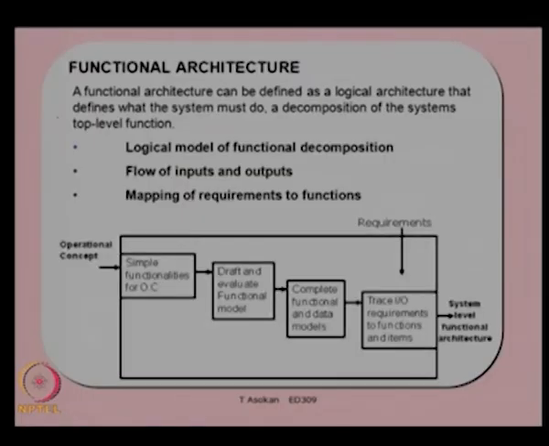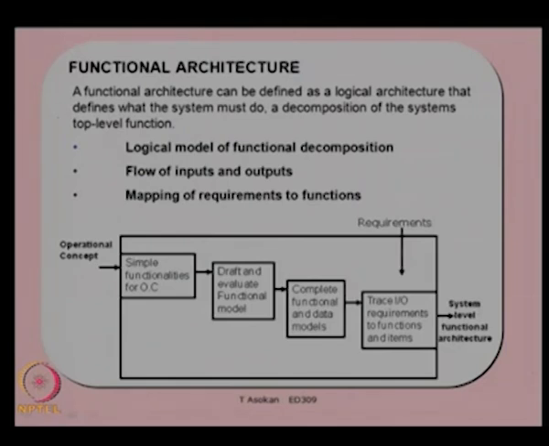If you look at this diagram, you can see that the input to this functional architecture development basically is an operational concept and the requirements. So, the operational concept and the requirements are the inputs to the system, and the output is basically a system level functional architecture.